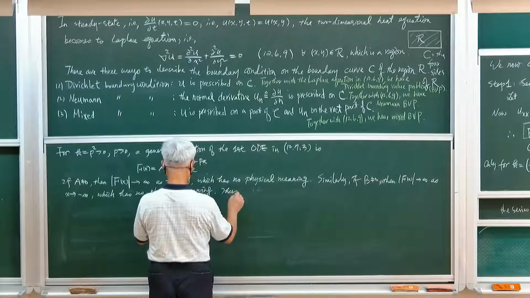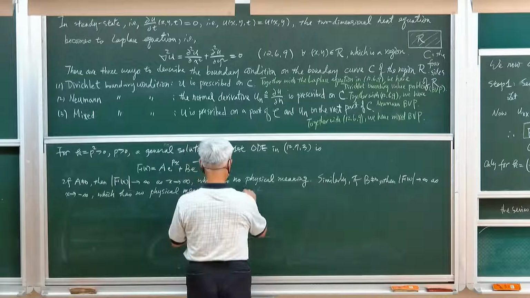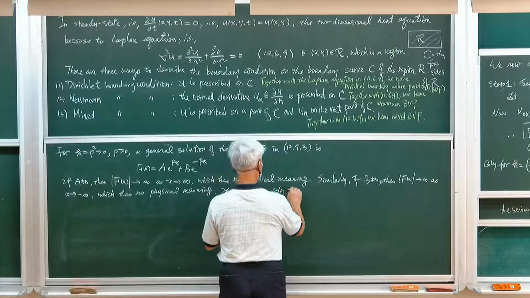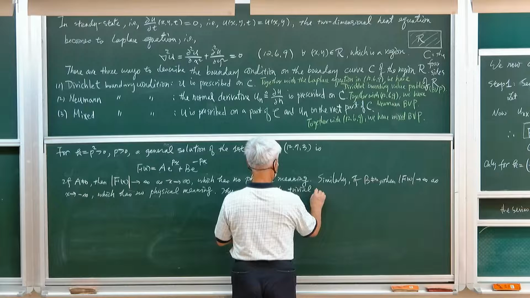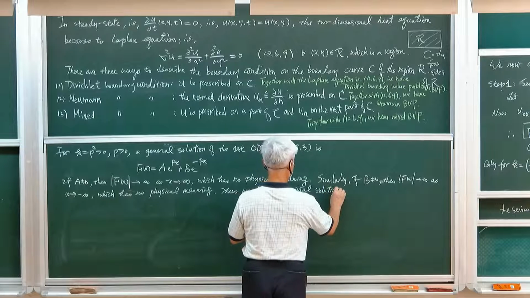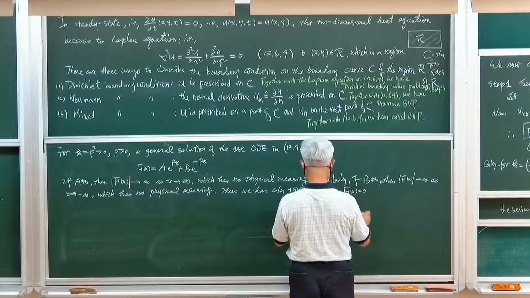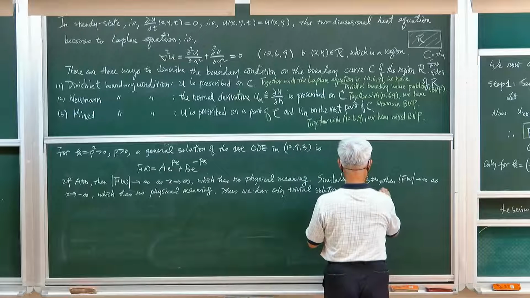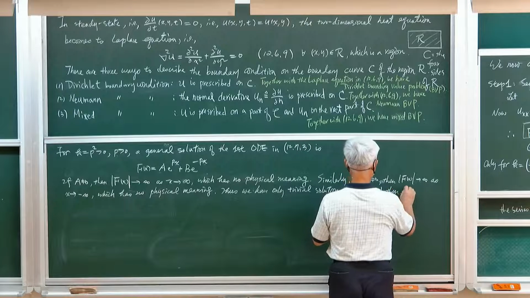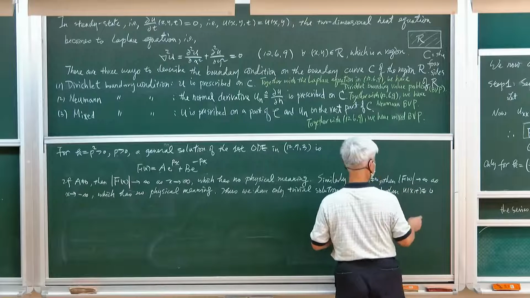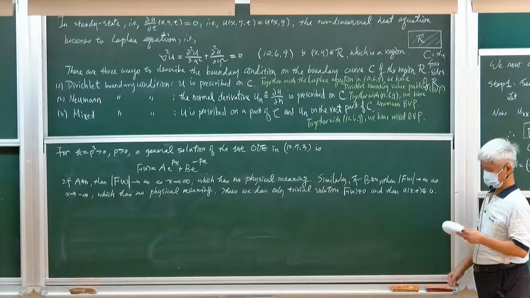Thus we have only the trivial solution F of x equal to 0, and then U of x, t is equal to 0.